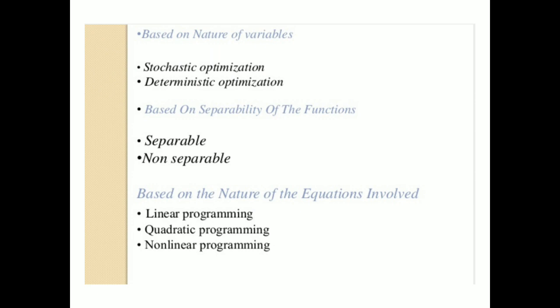A separable programming problem is one in which the objective function and the constraints are separable, and the vice versa is for non-separable.